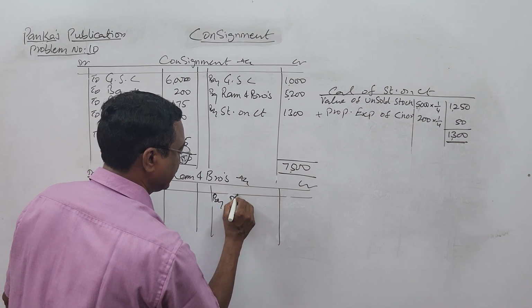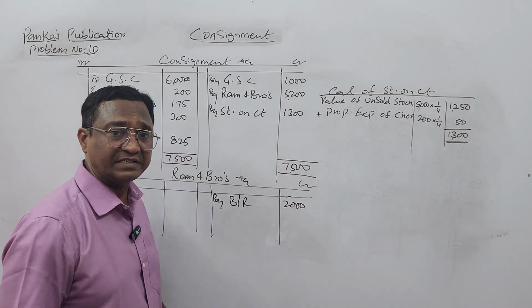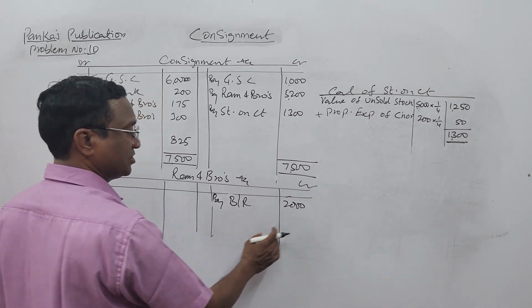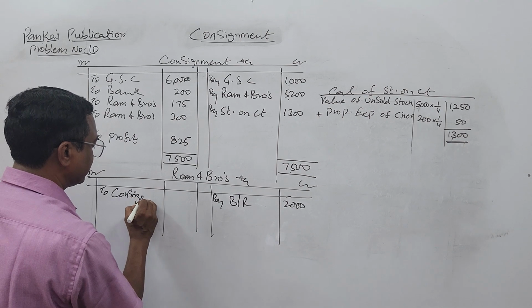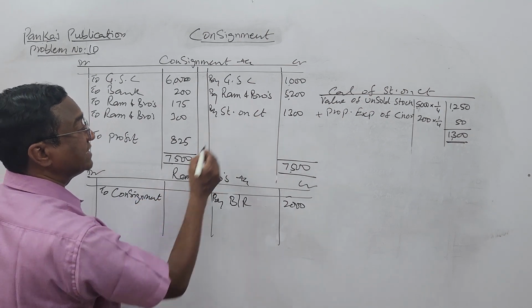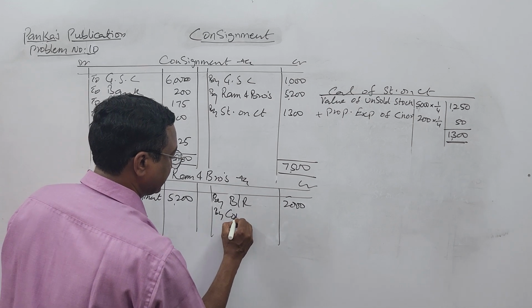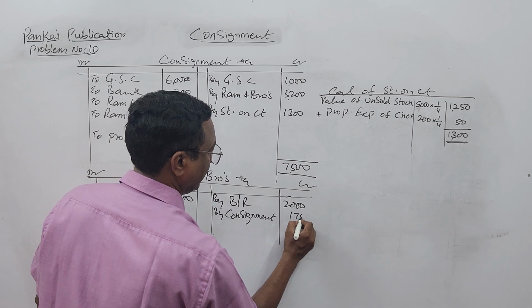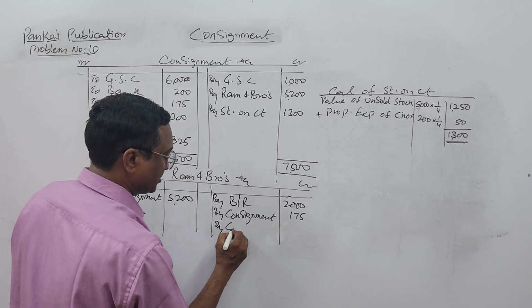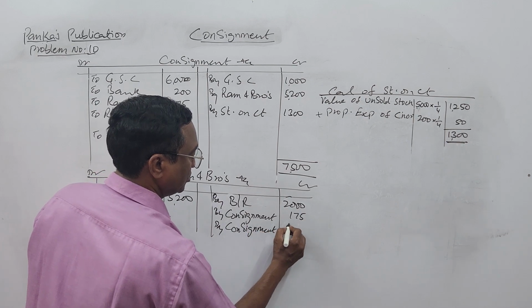Now after profit, we need to prepare Raman Brothers account, that is the consignee, and we will start with advance. By bills receivable, given in the question clearly that a bill is given as an advance. So by advance 2,000. To consignment, that is the sales entry, comes on the debit side of the account. Sales is 5,200. Expenses come on the credit side, so by consignment account 175. Commission also comes on the credit side, by consignment account 300.